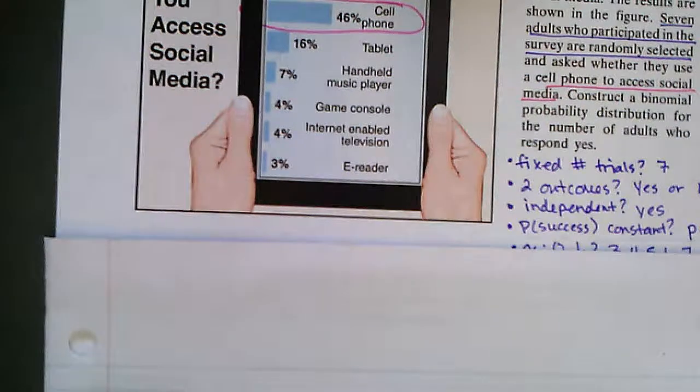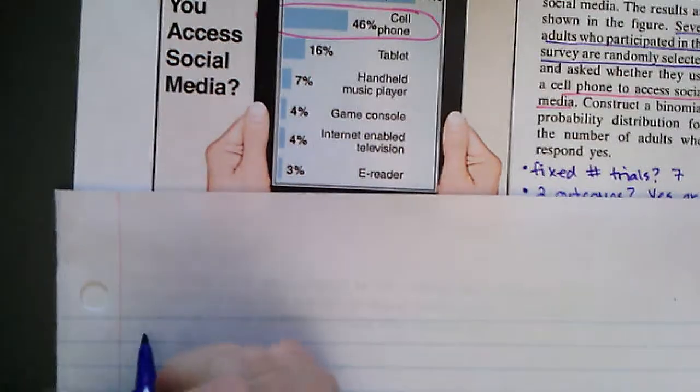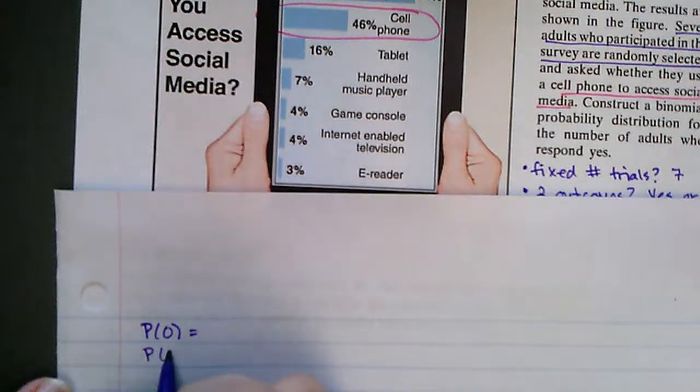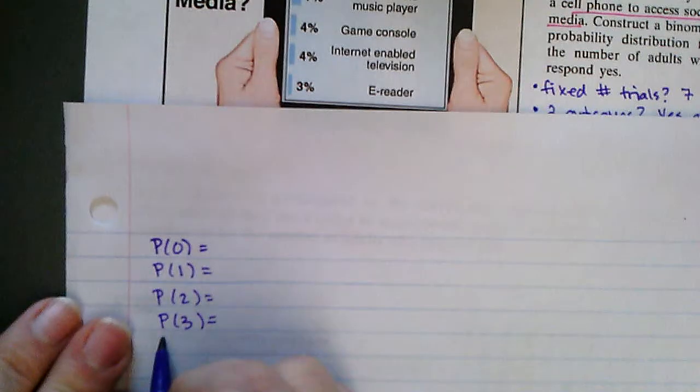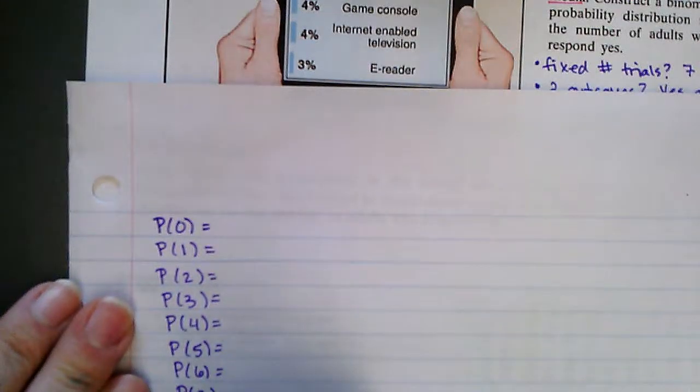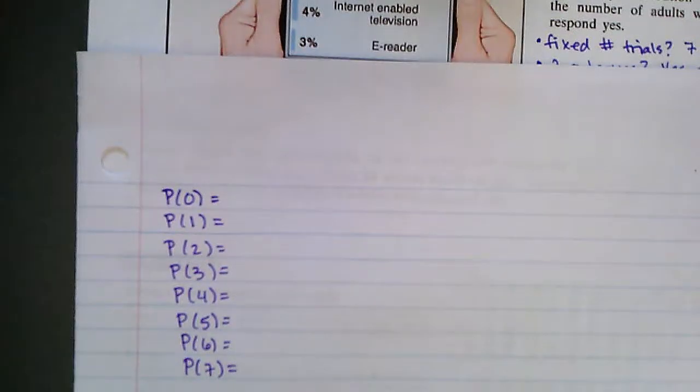So we need to know what is the probability of 0 successes, the probability of 1, 2, 3, 4, 5, 6, and 7 successes, so that we can make our probability distribution histogram.